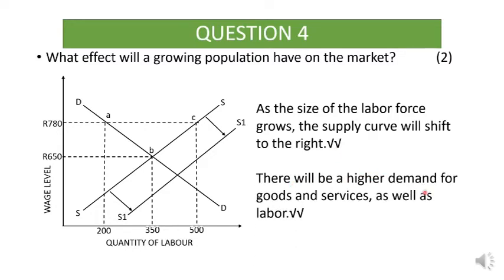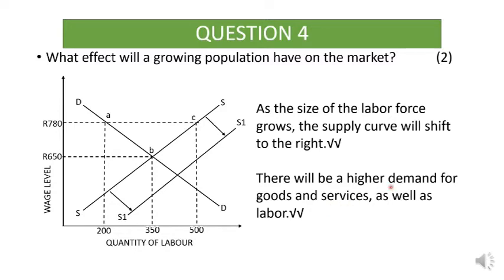There will be a higher demand for goods and services as well as labor. Why do we say there is going to be a higher demand for goods and services? When there is an increase in population, what it means is these people will need more goods and services.